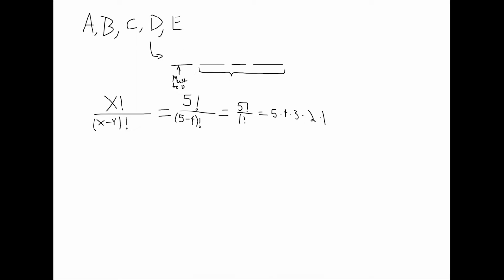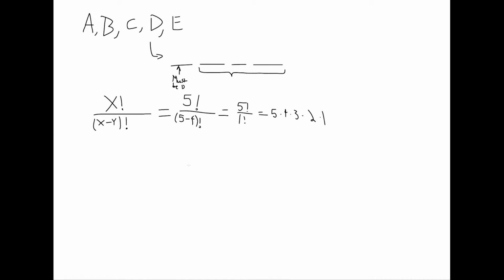And we also need to consider the fact that D will not be in any of these positions because it's in the first position. So instead of 4 positions, we have 3 positions. And instead of 5 elements in our initial group, we now only have 4 elements, because this D right here is not going to be included when we're thinking about what elements can be in these 3 positions.